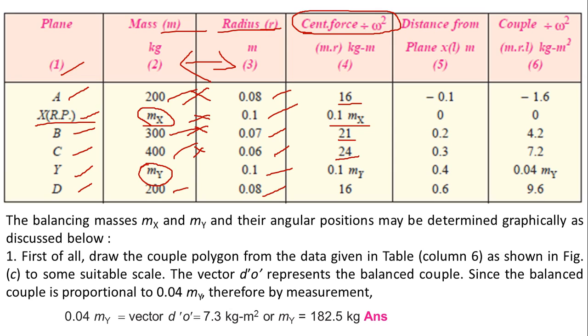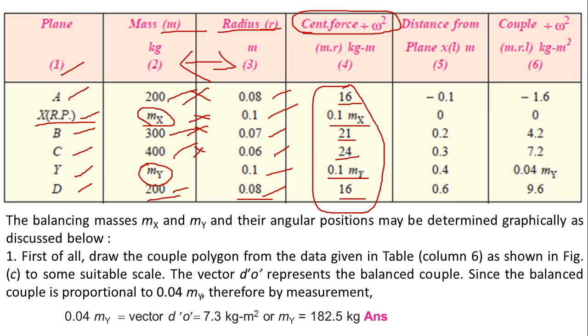Then my into 0.1, you get 0.1 into my. 200 into 0.08, you get 16. Okay, so these are all the values you can use to draw the force polygon.